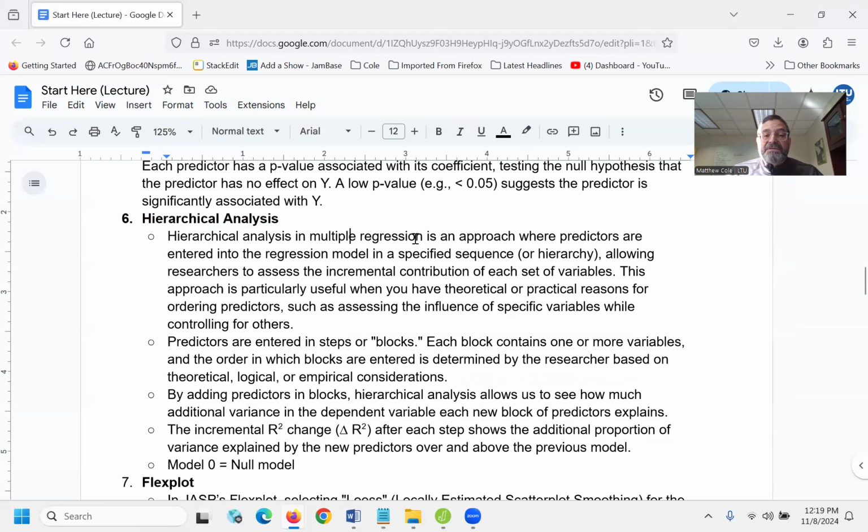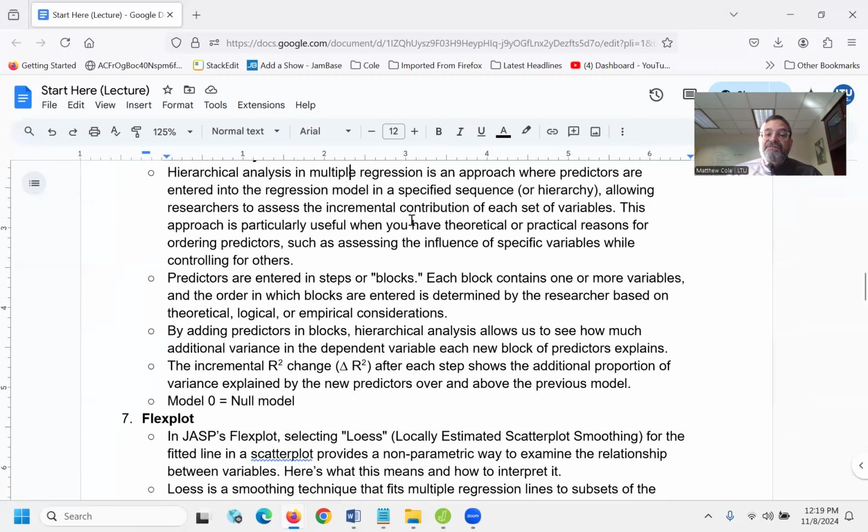Hierarchical analysis in multiple regression is an approach where predictors are entered into the regression model in a specific sequence or hierarchy that we choose as the statistician, allowing us to assess the incremental contribution of each set of variables. It's particularly useful when we have a theoretical or practical reason for ordering predictors, such as assessing the influence of specific variables while controlling for others.